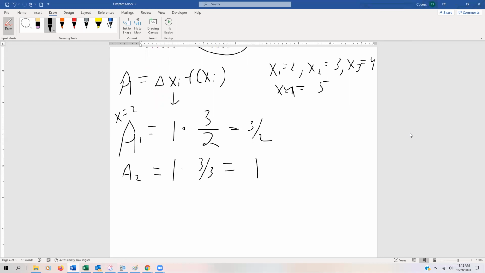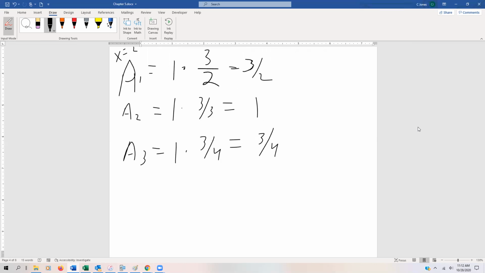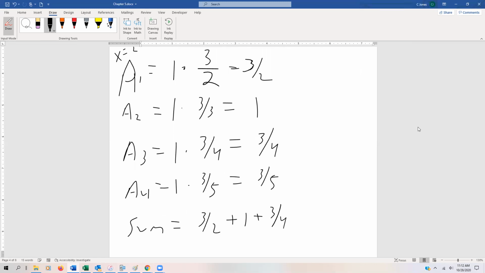And we already know that that's 1. For area 3, that's going to be 1 times 3/4, which we already know to be 3/4. And then finally, for area 4, that's going to be 1 times 3/5. All right. To get the Riemann sum, we're just going to add 3/2 plus 1 plus 3/4 plus 3/5.